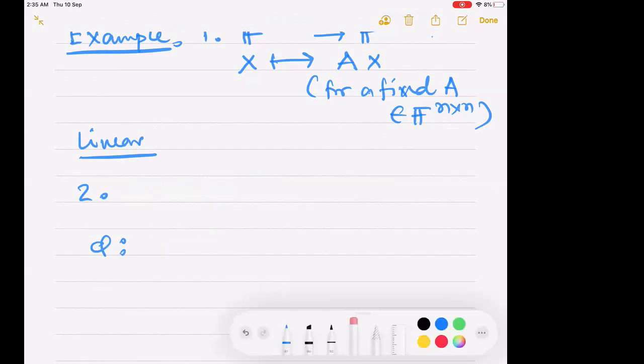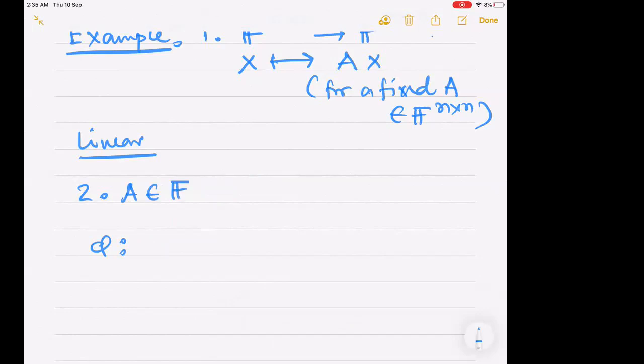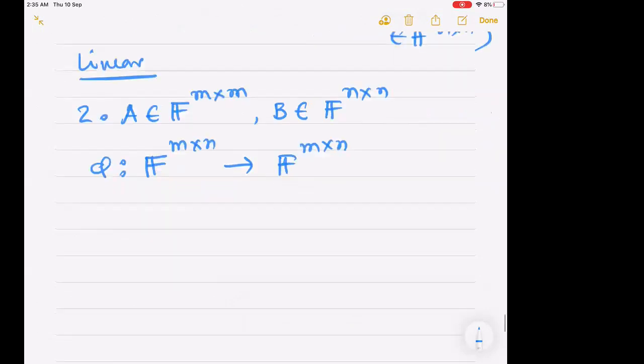Suppose A is a given matrix of size m cross m, and B is a matrix of size n cross n. Then I can define a mapping from m cross n matrices to m cross n matrices in the following manner. If the X here is sent by this mapping to A X B, this is also linear. You can go ahead and check that this is a linear map.